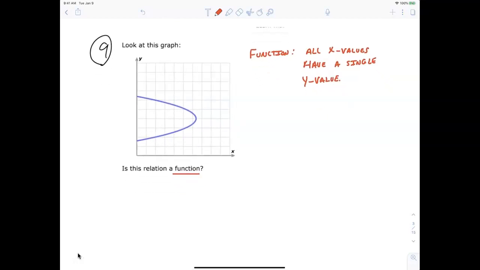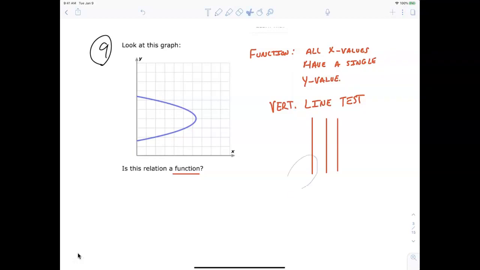If you look at this, to check for a function graphically, we say there is a vertical line test. What that means is if you draw vertical lines, those represent the x coordinates. The graph can only touch it at one spot. If it touches at more than one spot, it's not a function. Now we briefly went over this in Algebra 1, but in Algebra 2 and pre-calculus it's much more important.